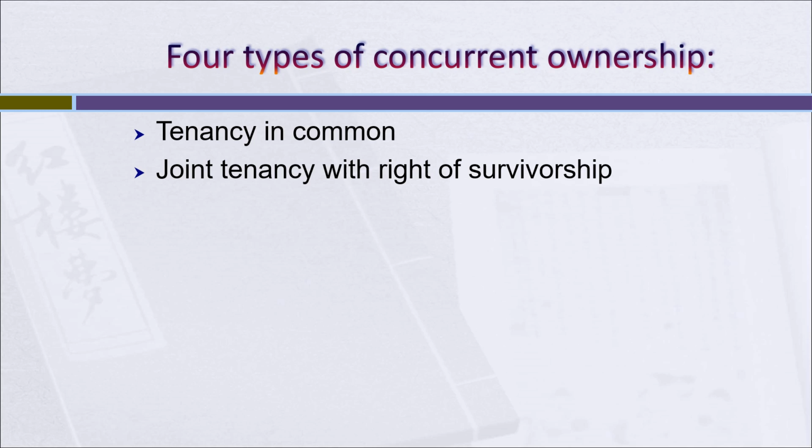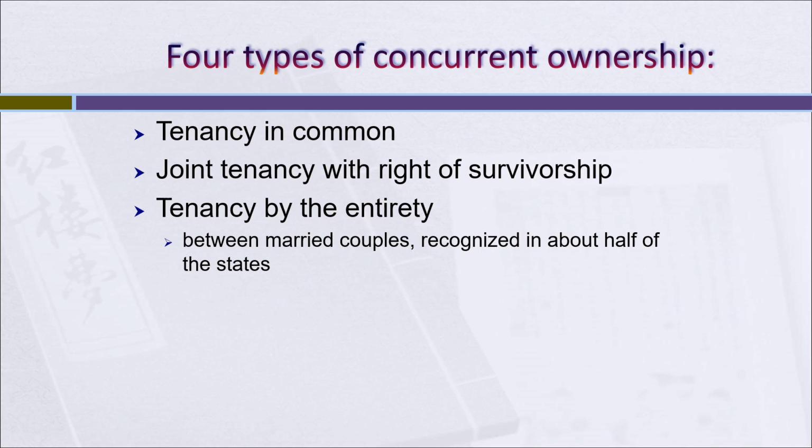Both of them are permissible only between a married couple. The first one is tenancy by the entirety. It can exist only between married couples and is recognized in about half the states. It's somewhat similar to joint tenancy with right of survivorship, but we have a special video just devoted to tenancy by the entirety, so we won't talk about it any further in this video.